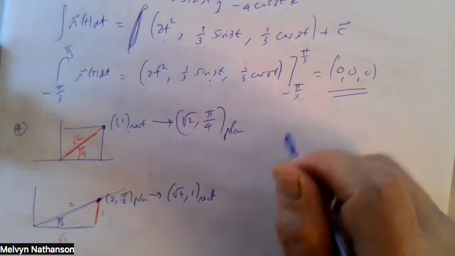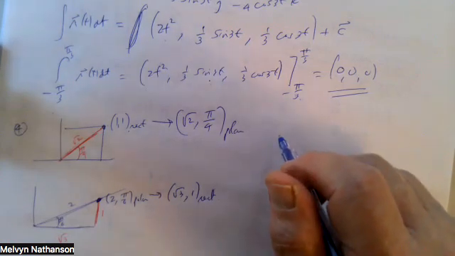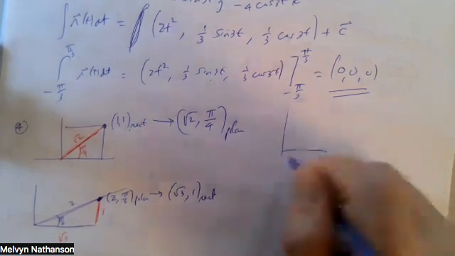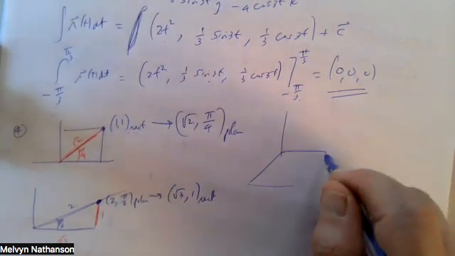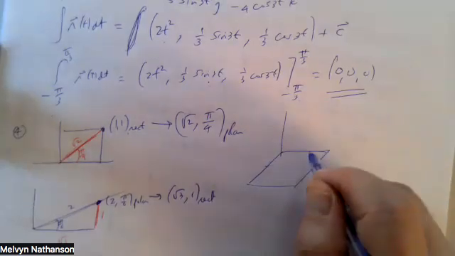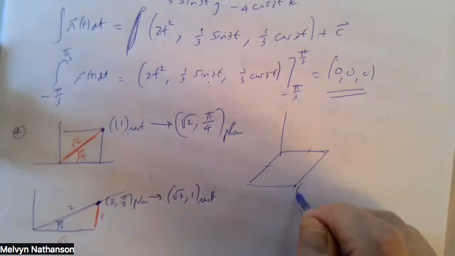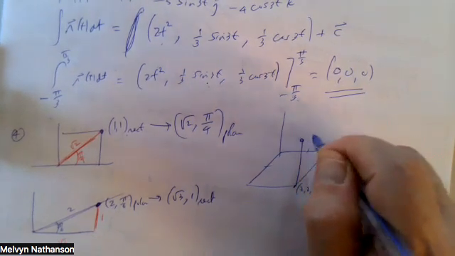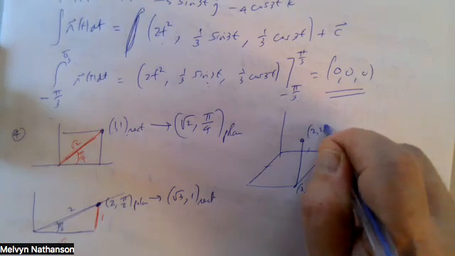And if you take the point 2, 2, 2 in cylindrical coordinates, here's the point 2, 2, 0 in the plane, and you go up 2 units. So this is the point 2, 2, 2.